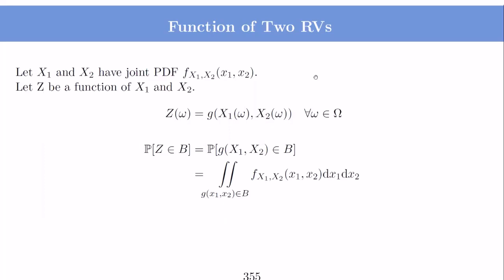To compute that, we will integrate the joint distribution of X1 and X2 over the area which satisfies g(X1, X2) belongs to B.